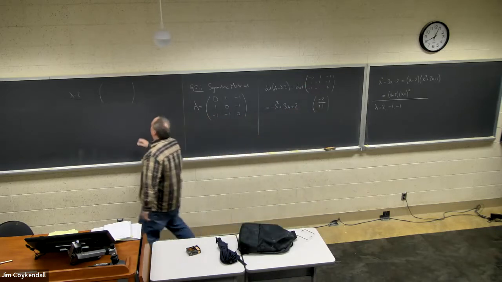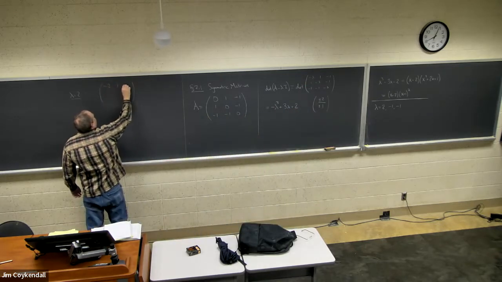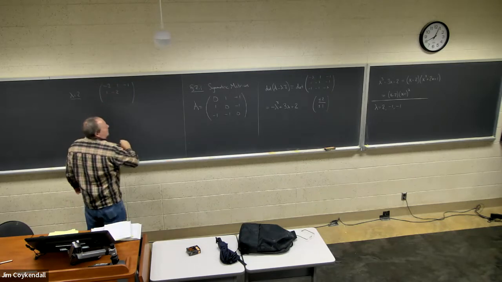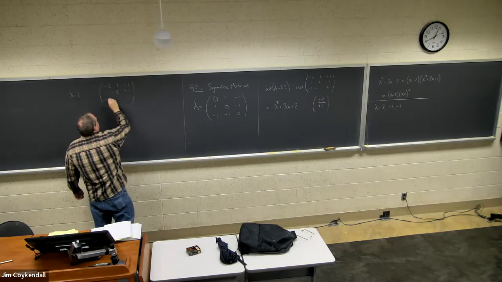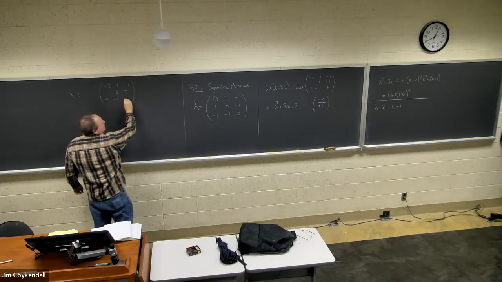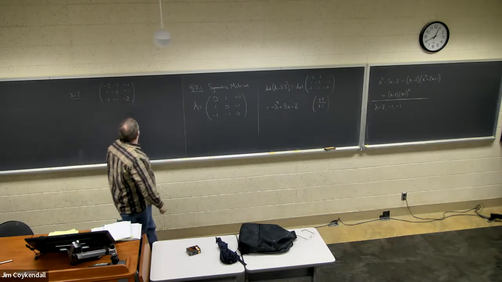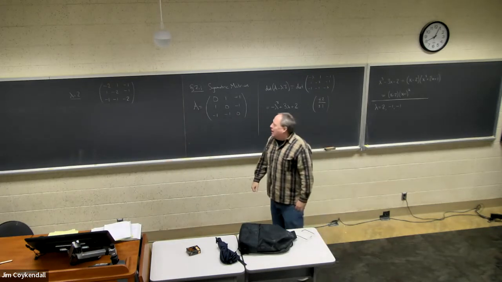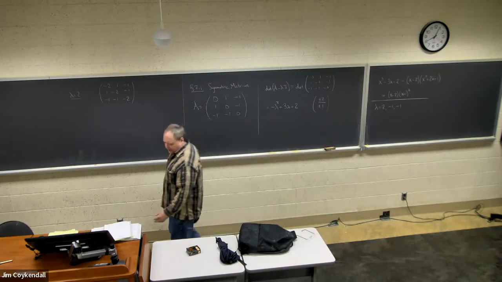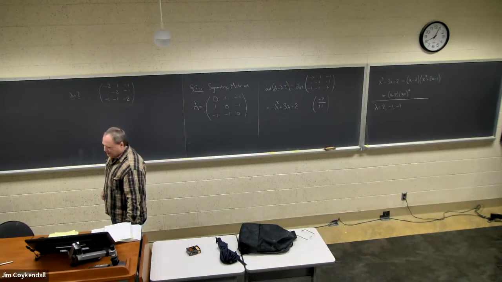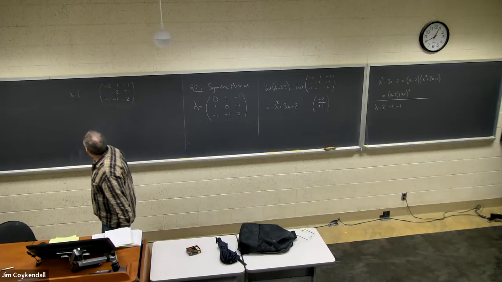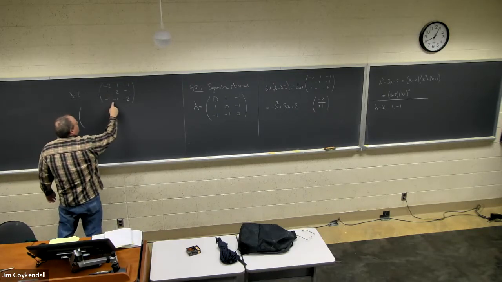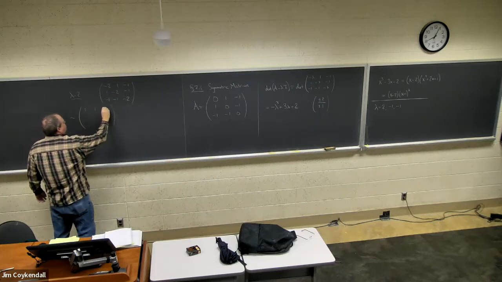This is -2, 1, 1, and this is 1, -2, -1, -1, -1. We're looking for the null space here. I'm going to move this up to the top and change the sign.